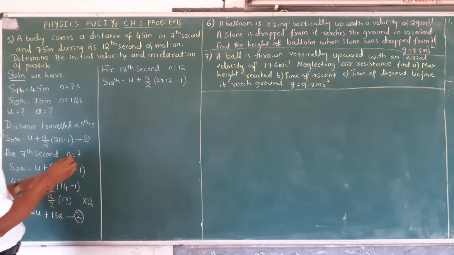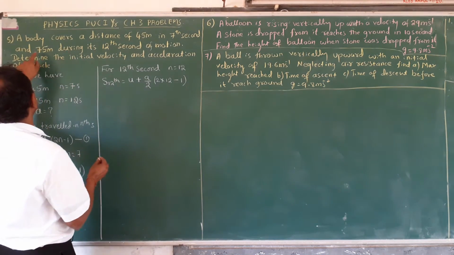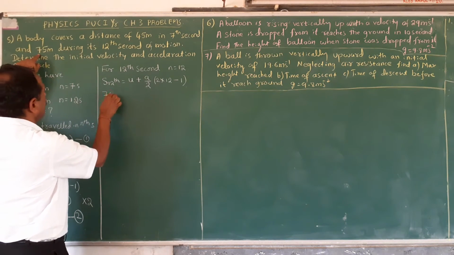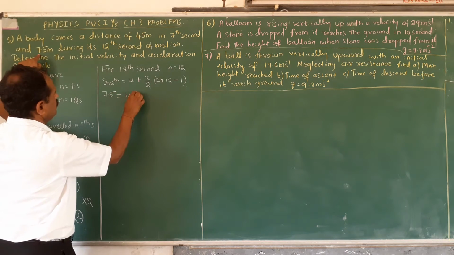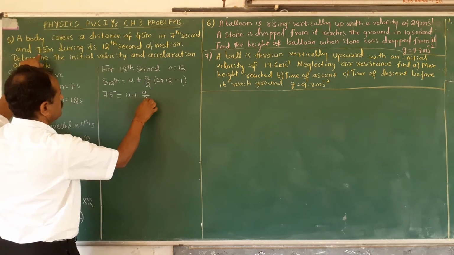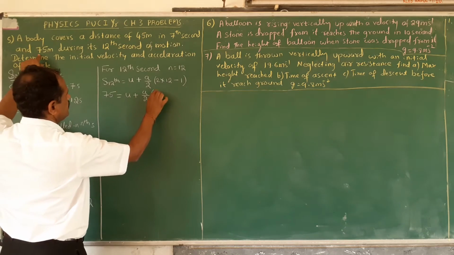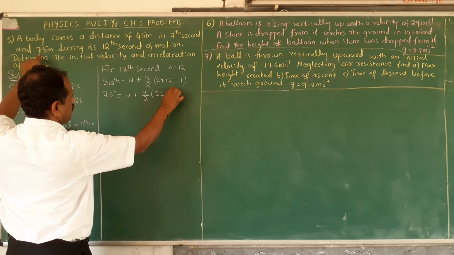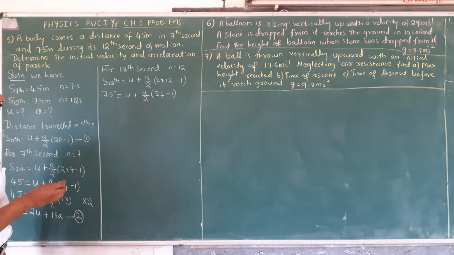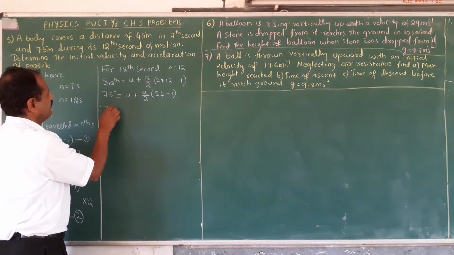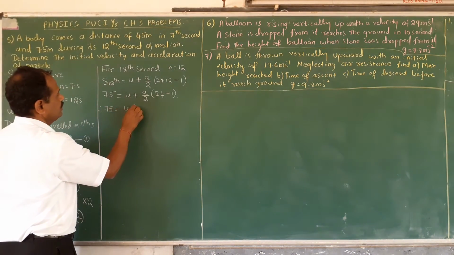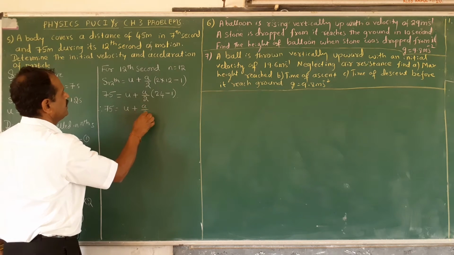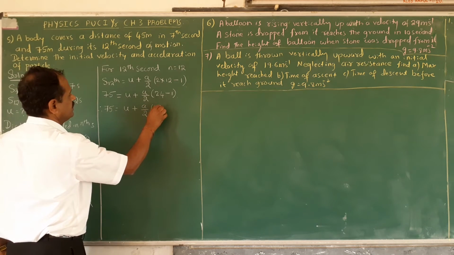Substitution. S12, how much? S12 is 75, equal to u plus a by 2 into bracket 24 minus 1. Now therefore 75 is equal to u plus a by 2 into 23.